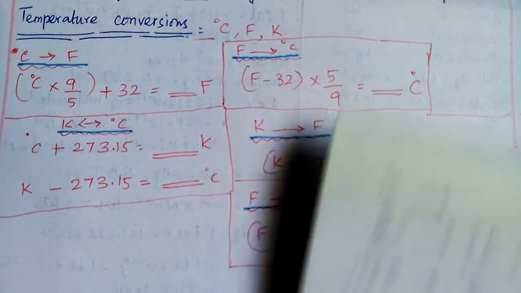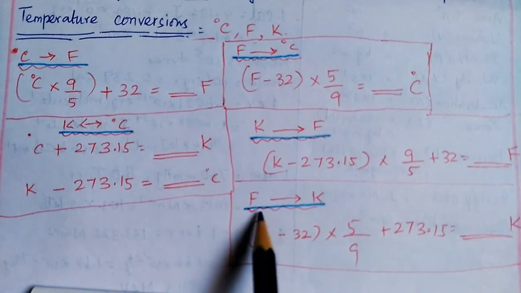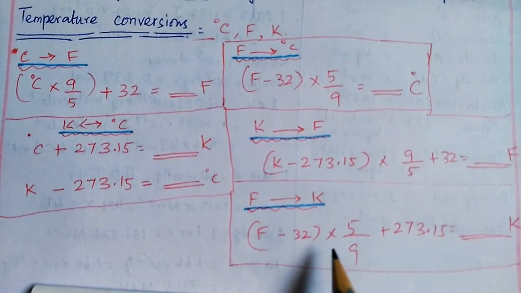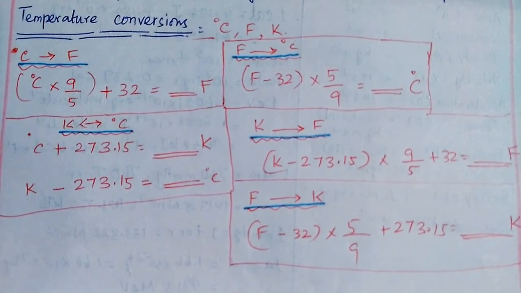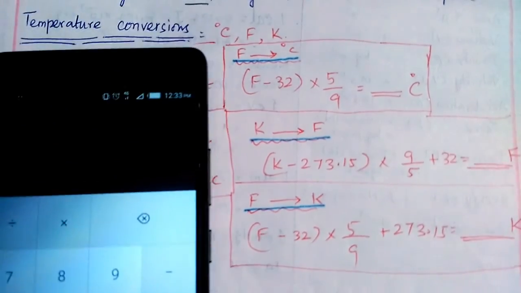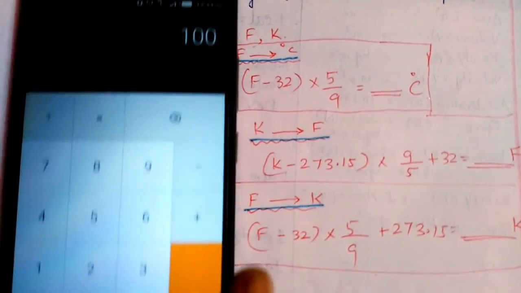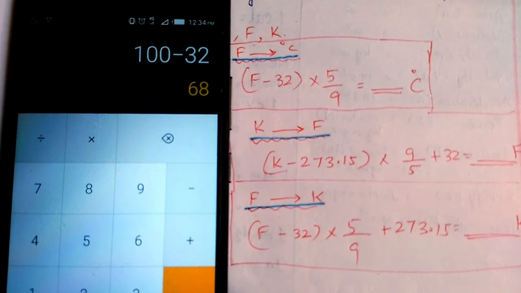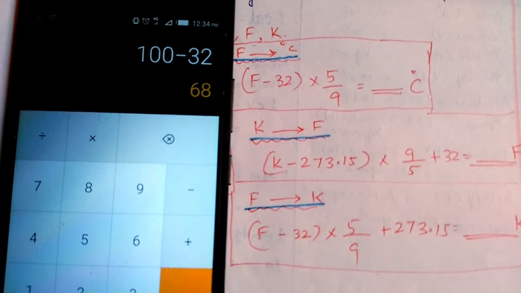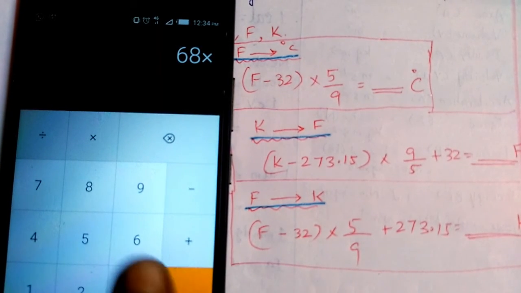Okay, next, if the question is 100 Fahrenheit, how will you calculate it into Kelvin? We know the formula: F minus 32 into 5 by 9 plus 273.15. So 100 minus 32, what are we getting? 68, and we should multiply that with 5.